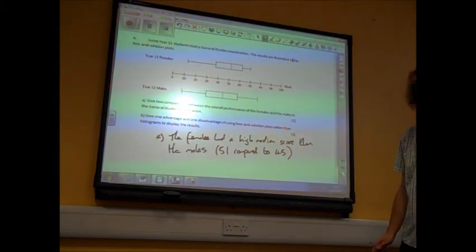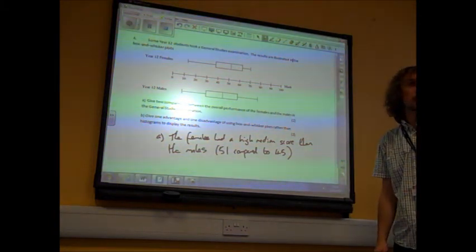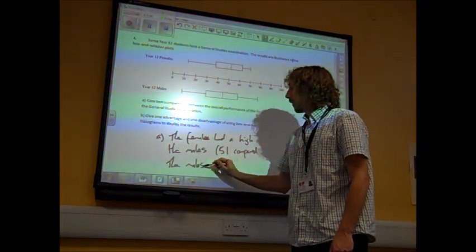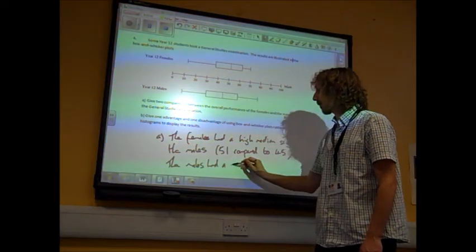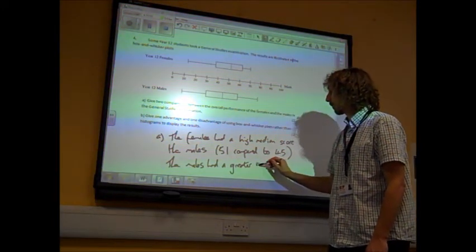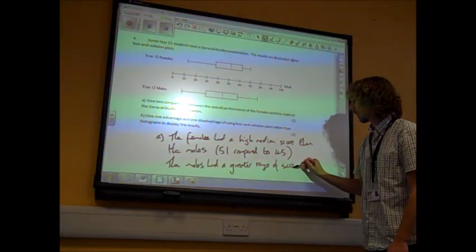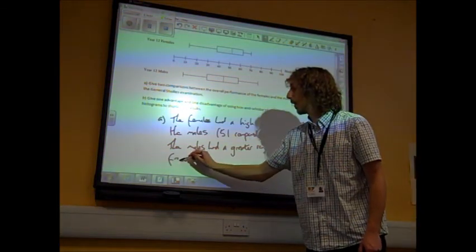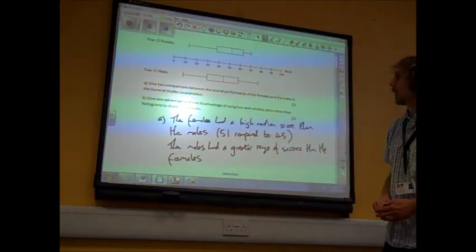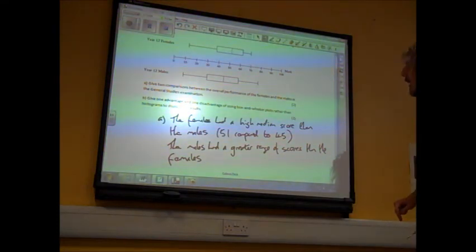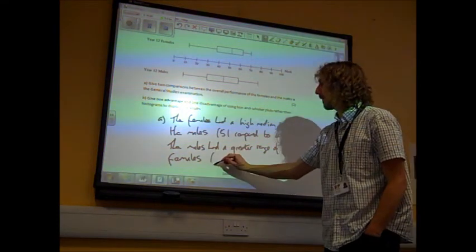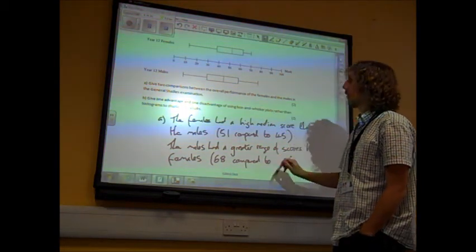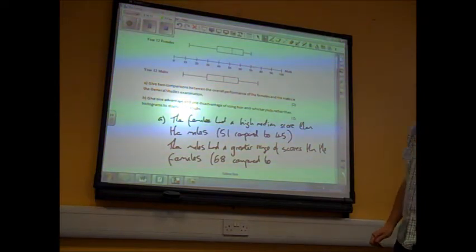Another comparison that we could make: the male scores were more spread out, or had a greater range than the female scores. The males had a greater range of scores than the females, and we could probably give a figure for that, something like 78 minus 10, so 68 compared to the female one, about 70 and about 12, so that's about 58.